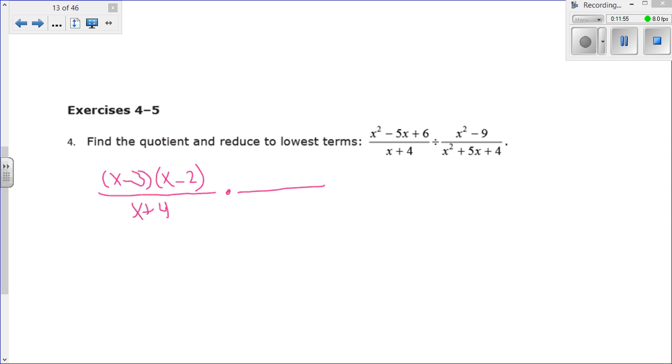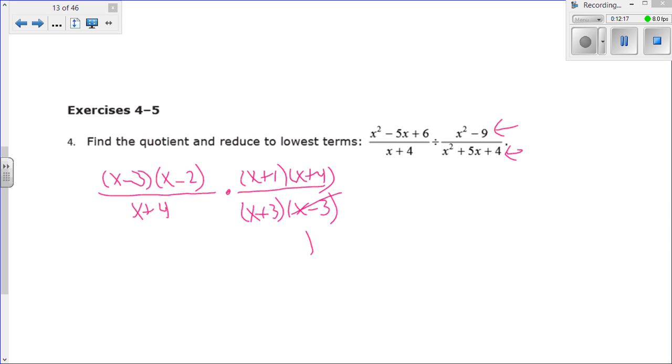So I'm going to factor this one first. Factors of 4 that add up to 5 are 1 and 4, so x plus 1 and x plus 4 because all my signs are positive. Then I'm going to do this one last, and that's a difference of 2 perfect squares, so it's x plus 3, x minus 3.